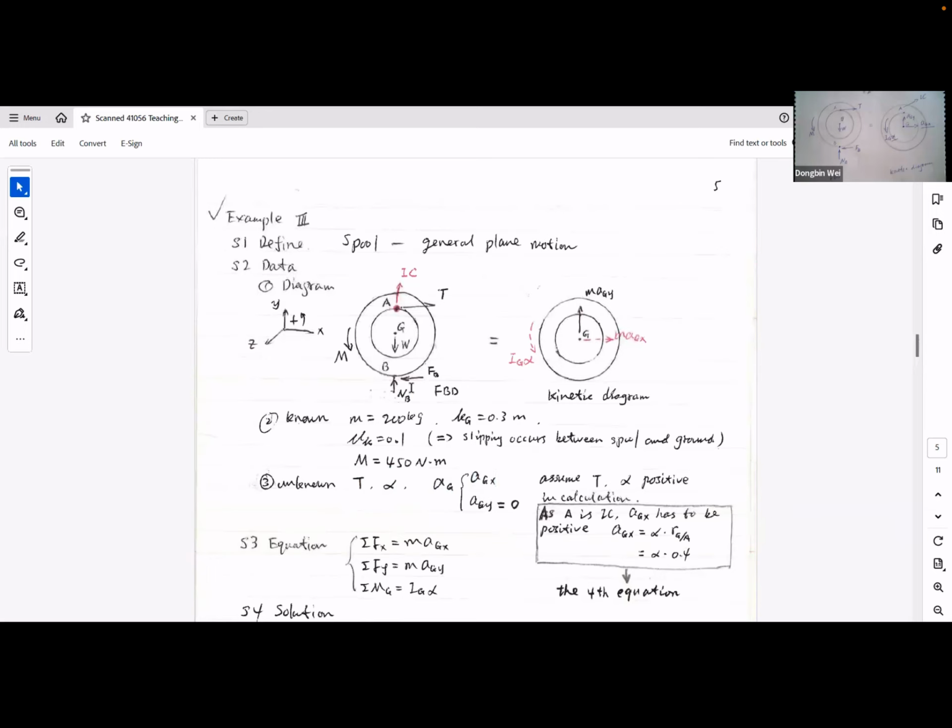In this problem, we can assume T and alpha, these two unknowns, positive in my following calculation, because point A is the IC point. So for this rolling without slipping problem at point A, we can have the relationship between AGX and alpha.